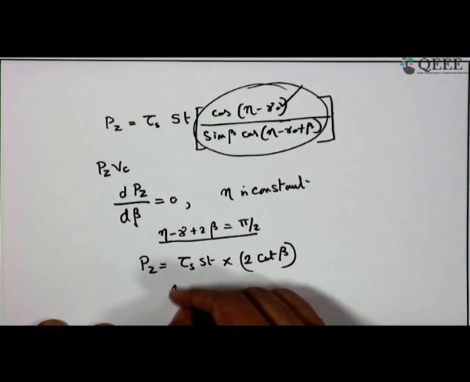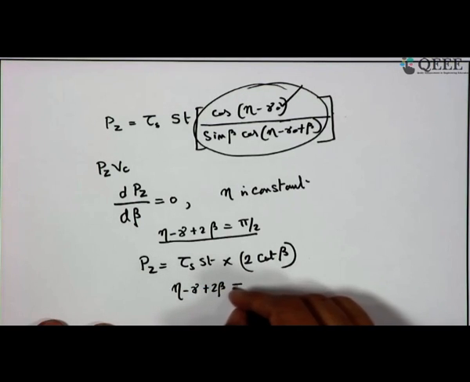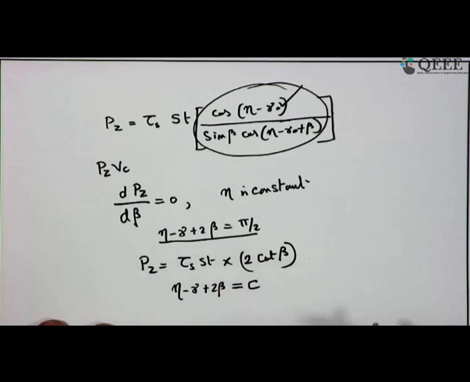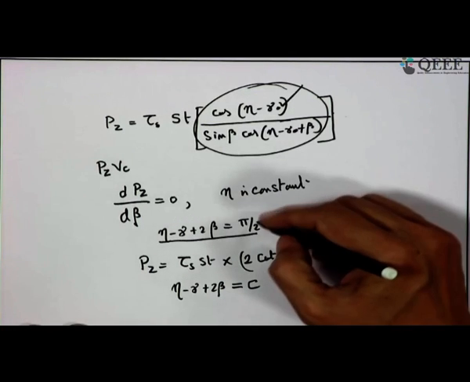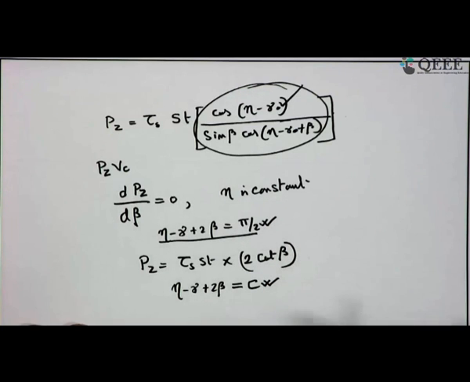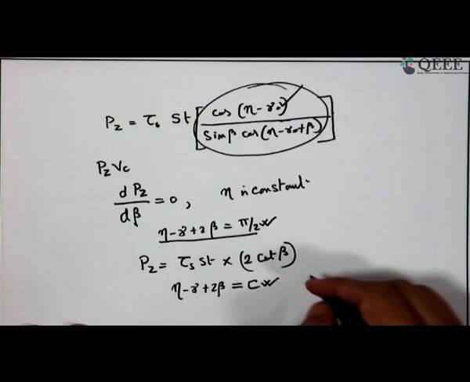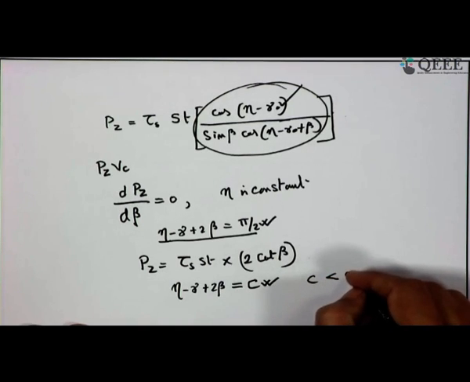Merchant also offered a second solution, which is eta minus gamma O plus 2 beta is equal to C. Please note that this pi by 2 is replaced by another term C, which is already displayed in the slide, but since I am doing some work here, I am showing that C is obviously less than 90 degrees.